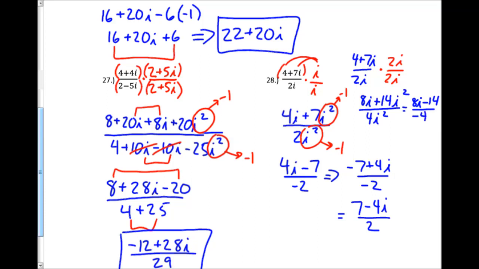And now as I simplify this, everything's divisible by a negative 2, which gives me a negative 4i plus 7 all over a positive 2. And if I flip-flop that numerator, I'm back to the original answer that I got before.